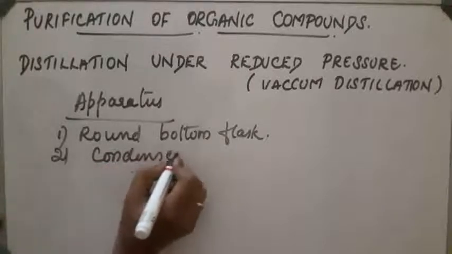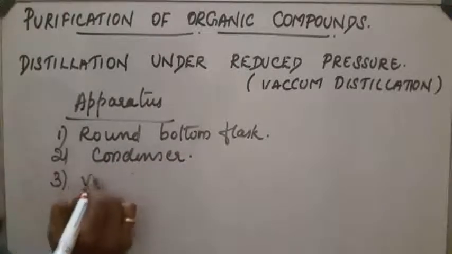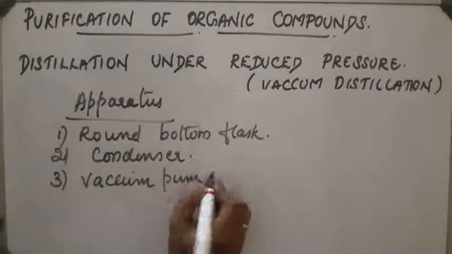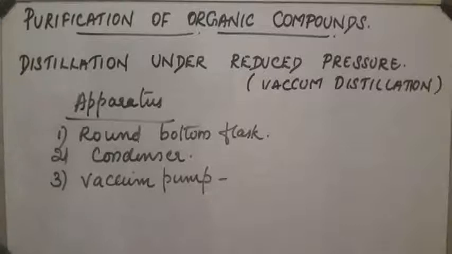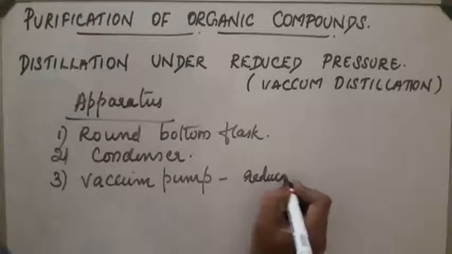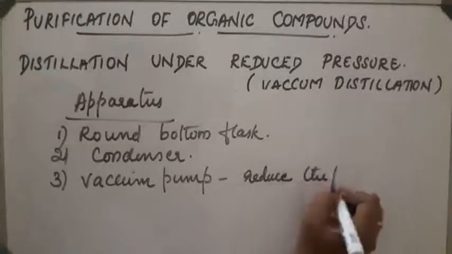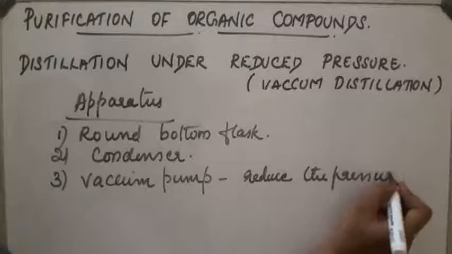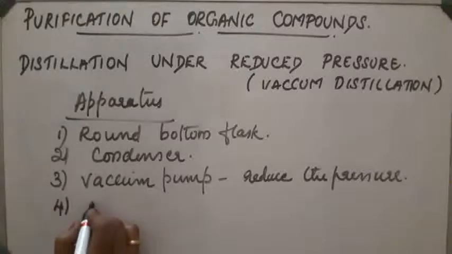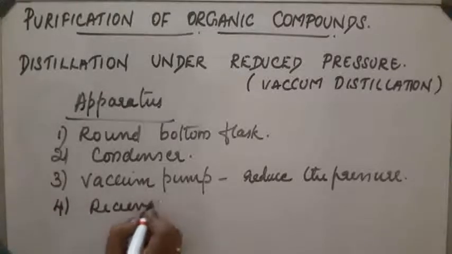There is a vacuum pump used in this case, because by using this vacuum pump we can reduce the pressure. Next is the receiver, where we are receiving the condensed liquid.